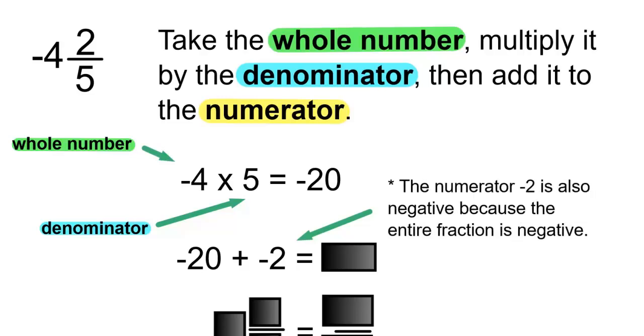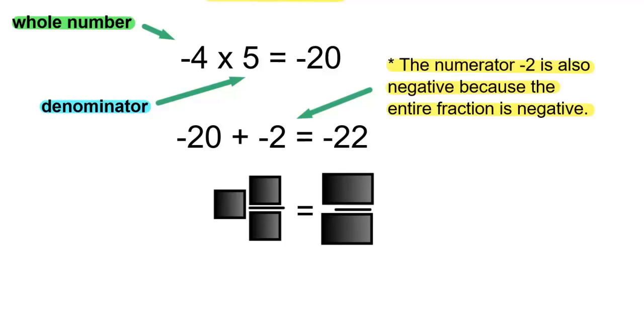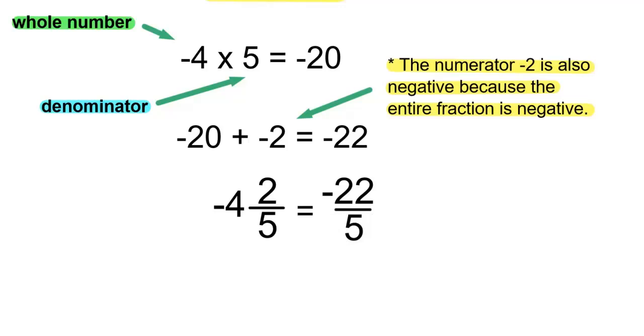And again, the numerator of -2 is also negative because the entire fraction is negative. And -20 plus -2 is equal to -22. So -4 and 2/5 as an improper fraction is equal to -22/5.